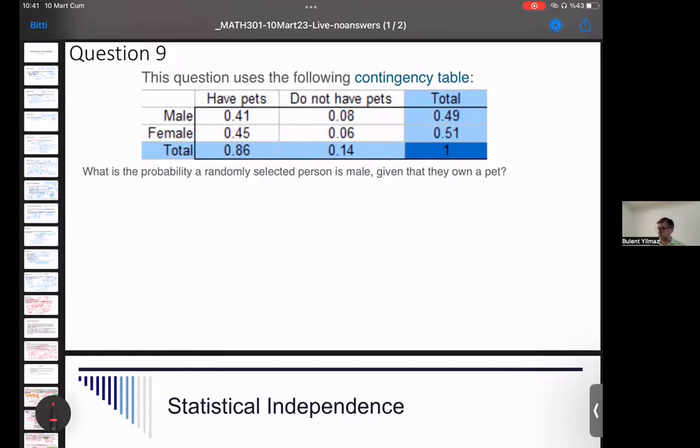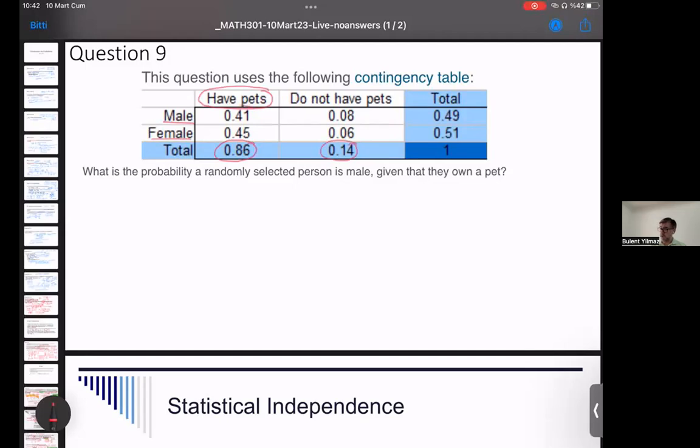I have a group of people, some of them are male and some of them are female, okay? The people who have pets, like dogs, cats, birds, anything like that: out of 100, 86 of them will have pets, 14 of them will not have pets.